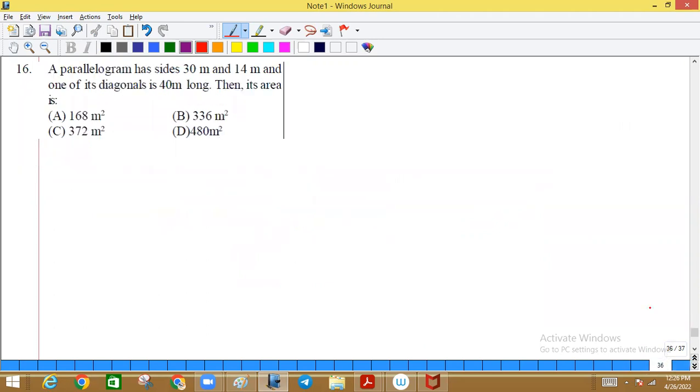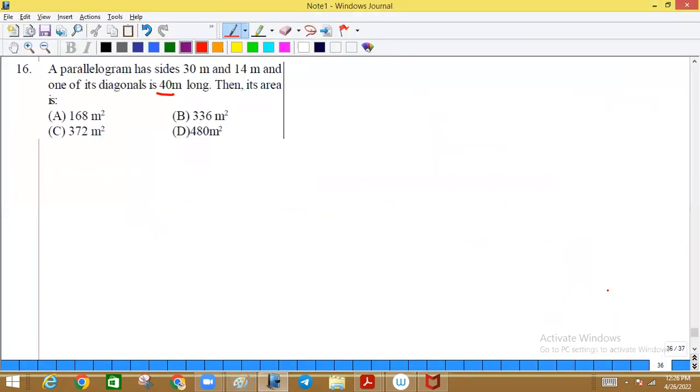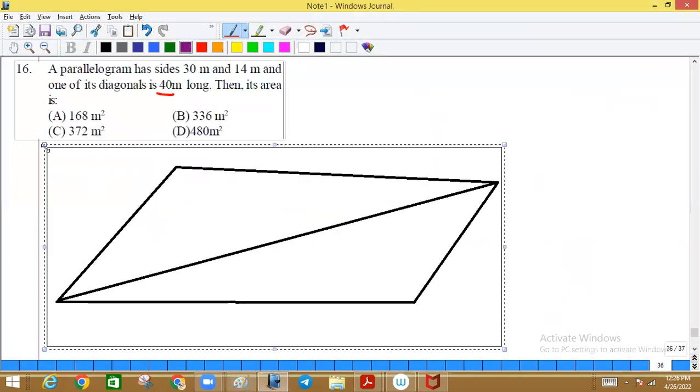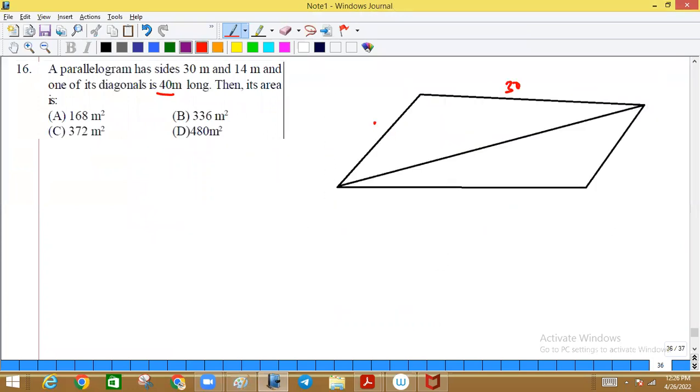The parallelogram has sides 30, 14, and one of its diagonals is 40 meters long. Then its area? Same thing. This one is 30, this one is 14, this one is 40. Area of parallelogram is equal to 2 times the area of the triangle.